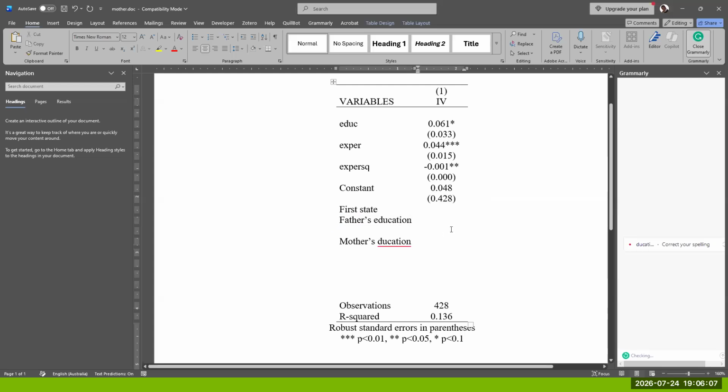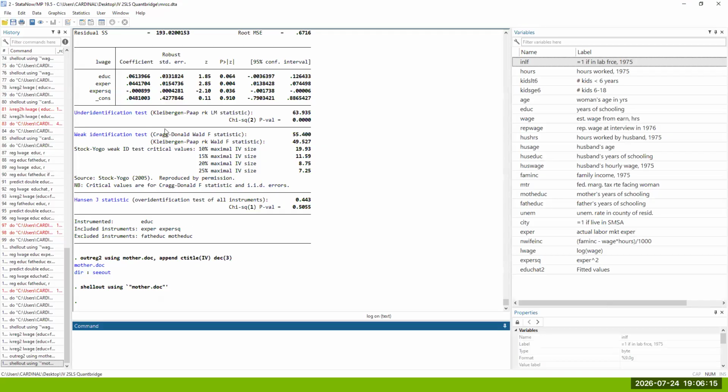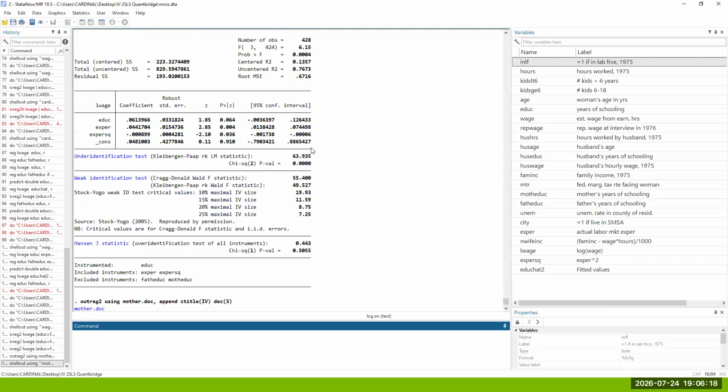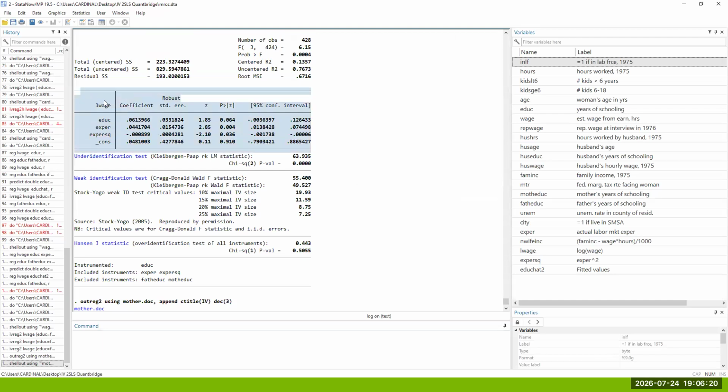Don't even know why I dropped that too. Now let's go back and pick those from our first stage. Let me copy it as a picture so I can easily pick that up.